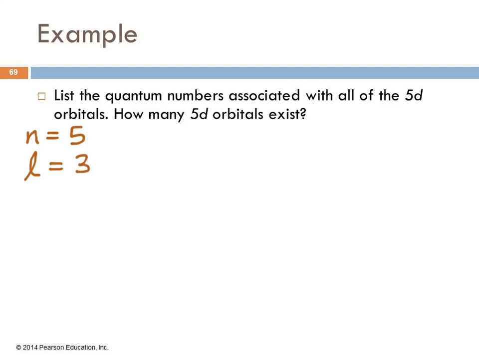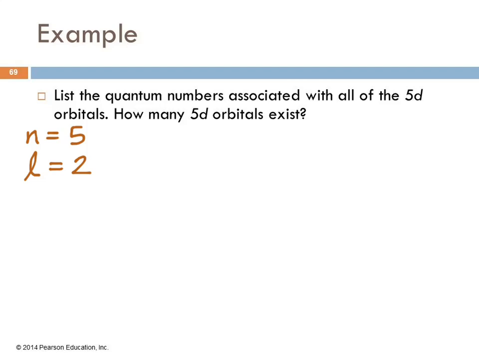L equals 0 is S, L equals 1 is P, L equals 2 is D. So that is what 5D tells us.